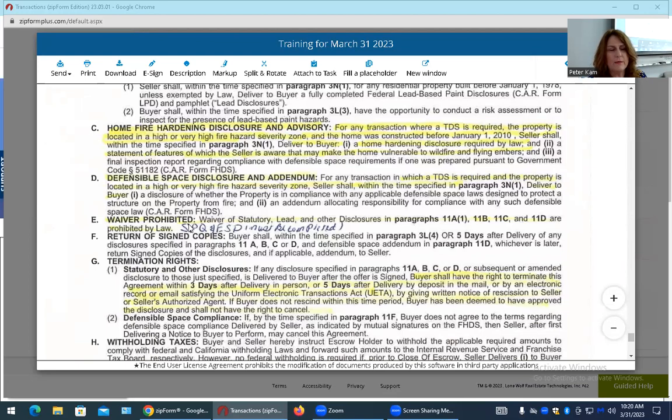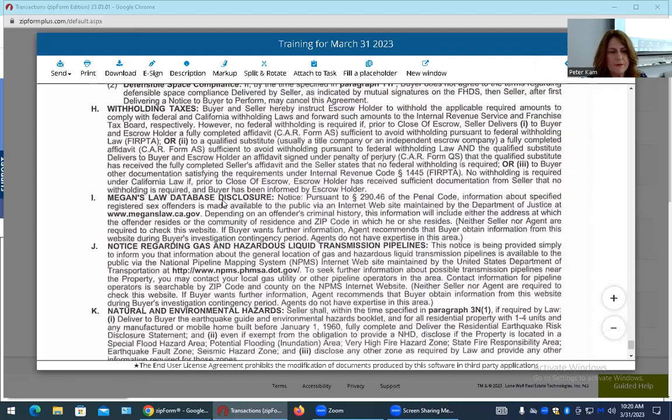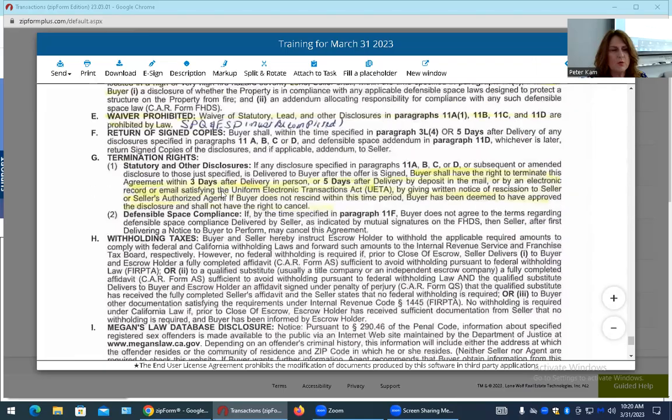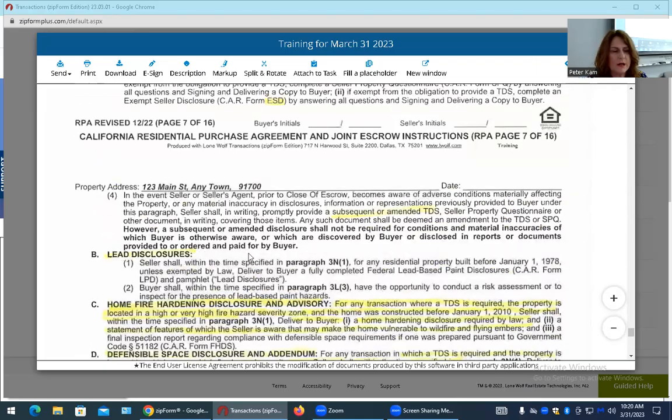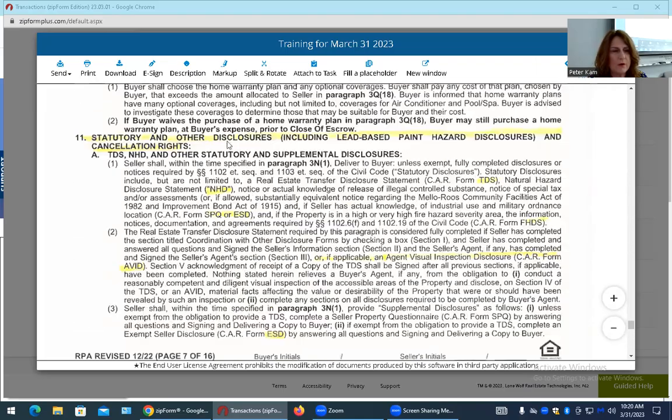Waiver prohibited. You cannot waive statutory disclosures. So just make sure that you understand the difference between statutory and other disclosures. Statutory disclosures you cannot waive, okay? So I just wanted to show you where to read in the body of the contract if you want to read a little bit more about the statutory disclosures.